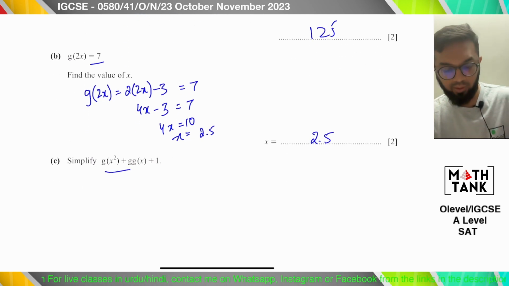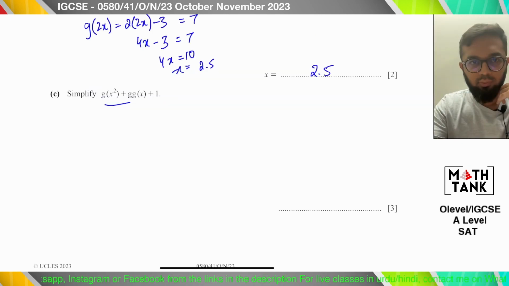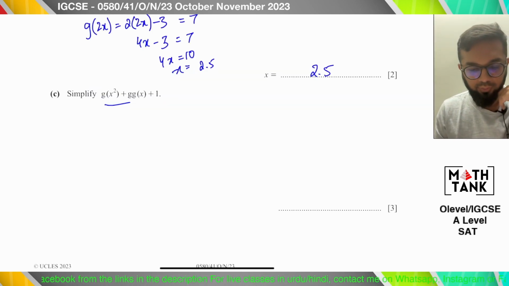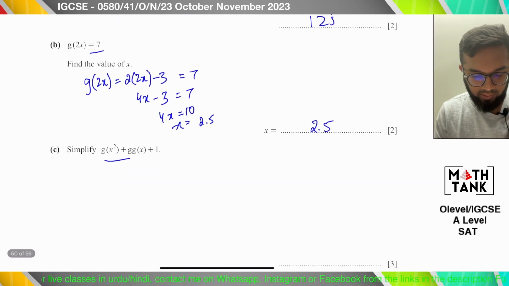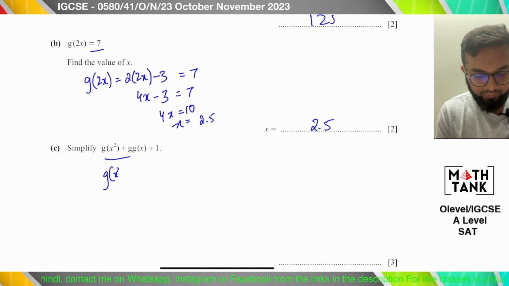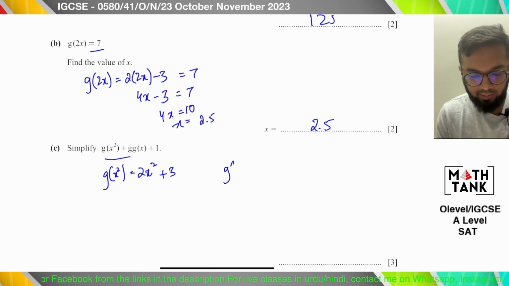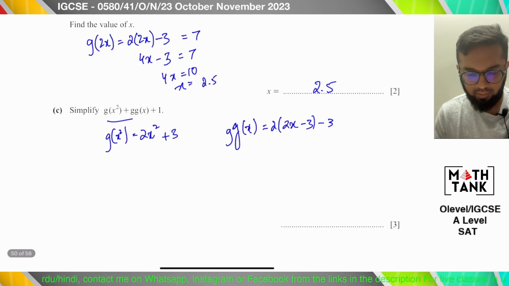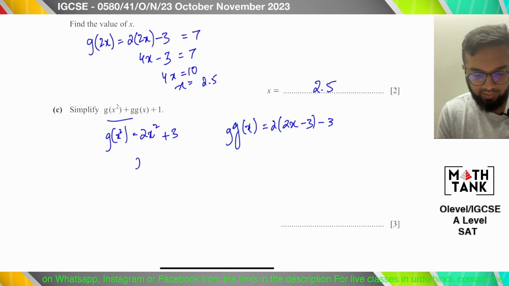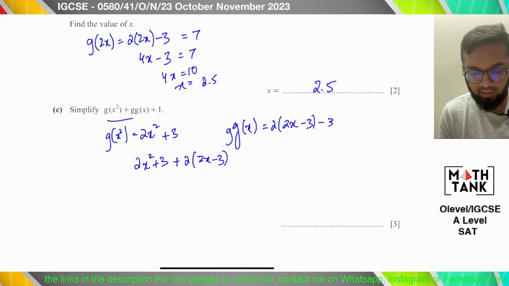This is g of x square. So g of x square plus g of x plus 1. So let's first do g of x square. So that becomes 2x squared plus 3. What is g of x? G of x is g replaced by g itself minus 3, right? Yeah. And then plus 1. So I get 2x squared plus 3 plus 2 times 2x minus 3 minus 3 plus 1. Let's simplify that.